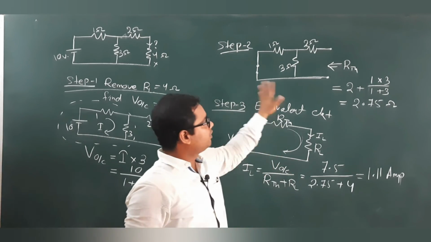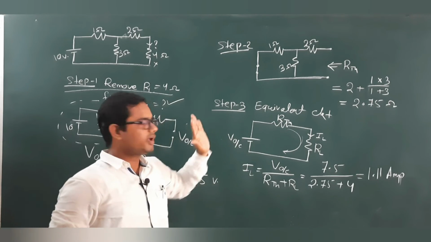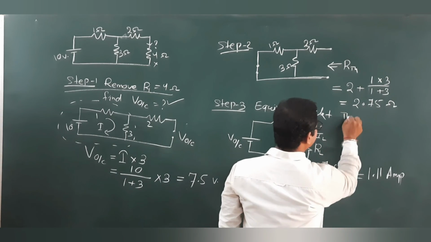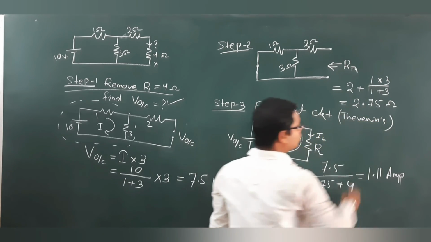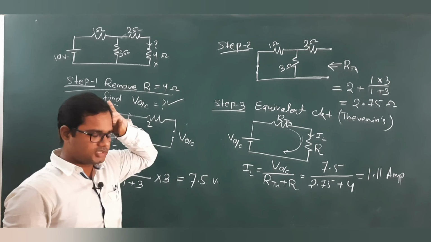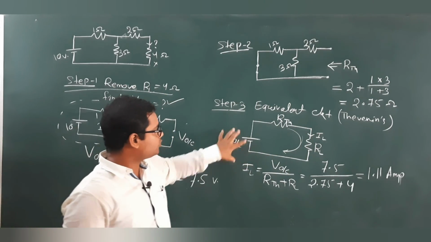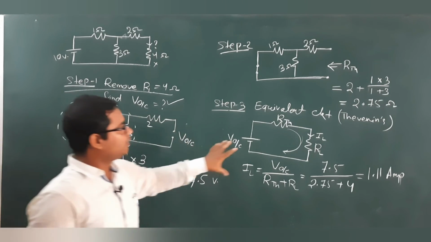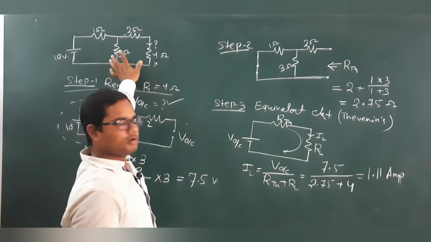Then comes the drawing of your equivalent circuit, or you can say the Thevenin equivalent circuit. Thevenin's equivalent circuit consists of a source voltage and a series resistor, where the voltage is VOC from step number 1, RTH is from step number 2, and RL is given in your question.